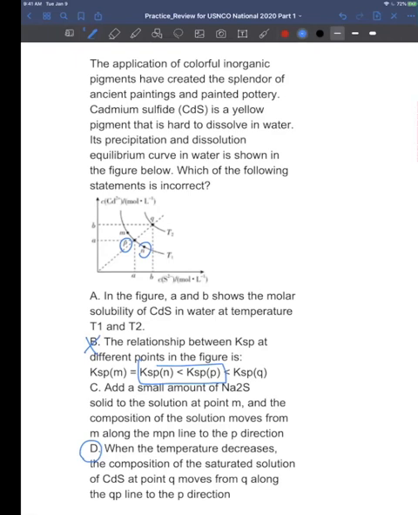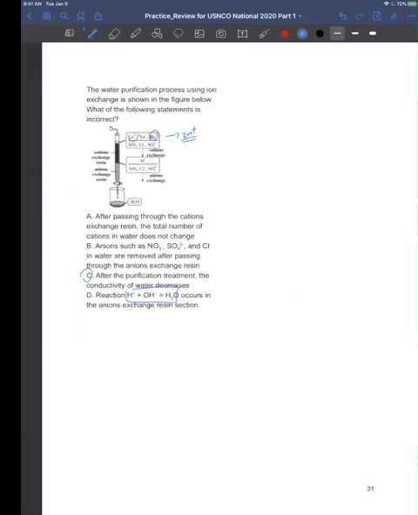So we have no reason to say D is incorrect, although most solids will dissolve more in water at a higher temperature, right? But we are not sure. We don't know the information. So the incorrect statement in option B is pretty obvious. Okay, let's move on.